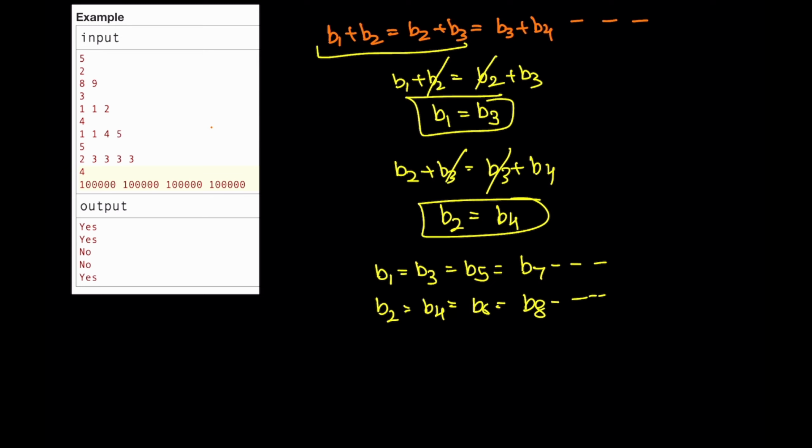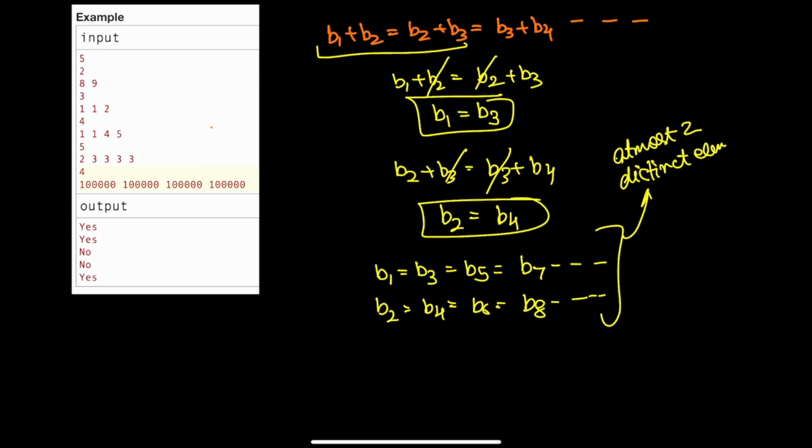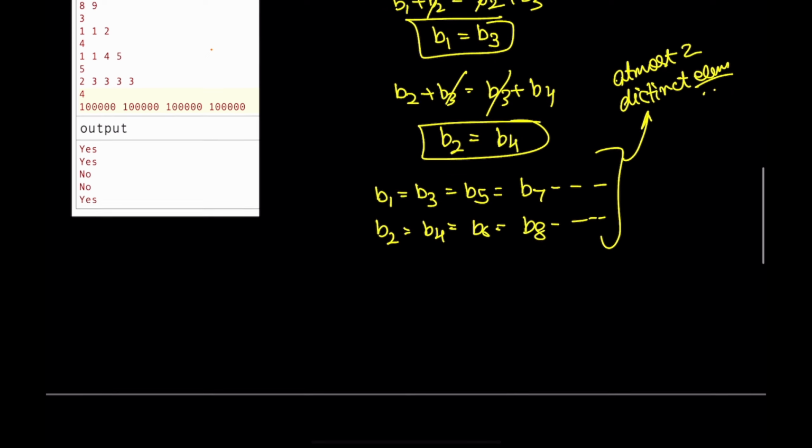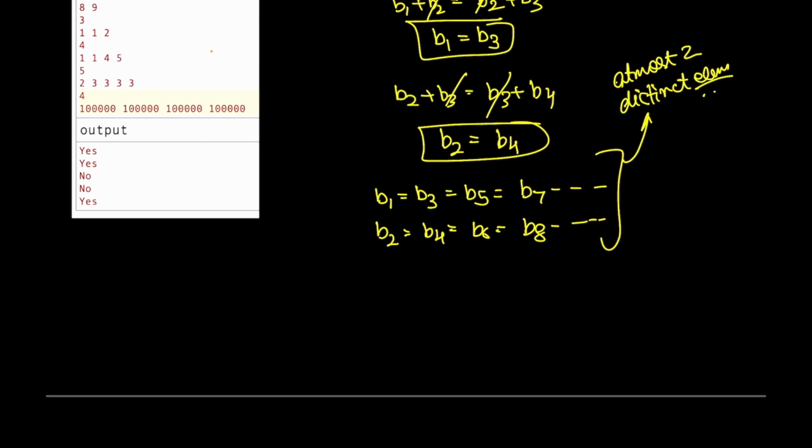So one thing that is clear from this is that we can have at most two distinct elements. If both of these elements are the same, then we can have any frequency and it doesn't matter. If they are different elements, then the frequency can be at most n by 2.